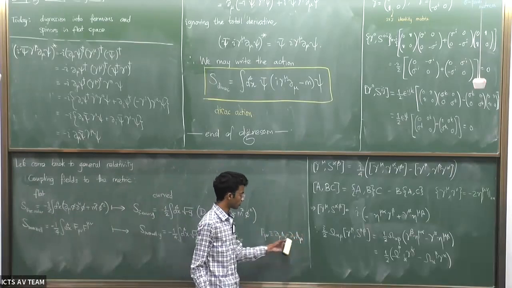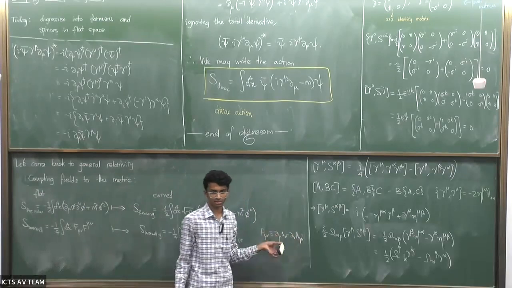You might ask, what if you put covariant derivatives? That's the same thing because the antisymmetric term cancels.